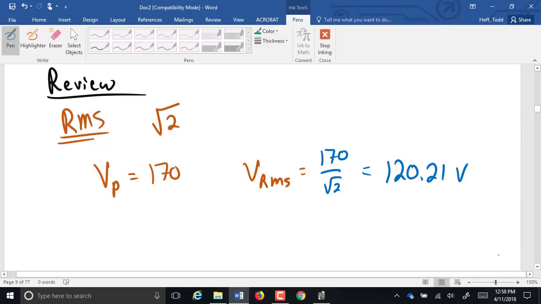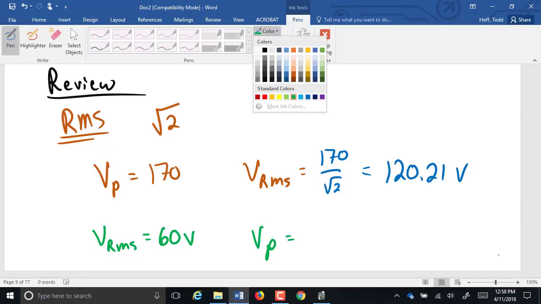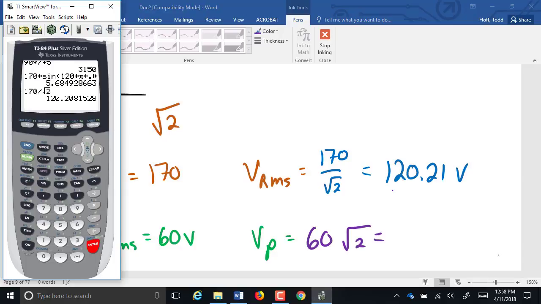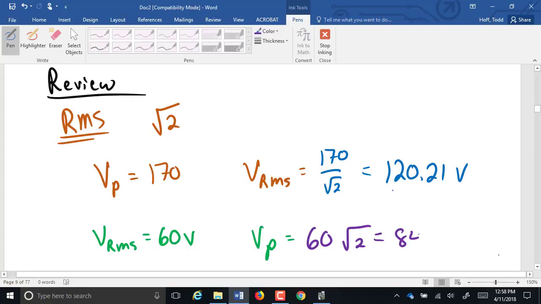If I tell you that my RMS voltage is 60 volts, how do I find my peak? Yeah, 60 times the square root of 2. Giving us 84.85 volts. Easy enough?